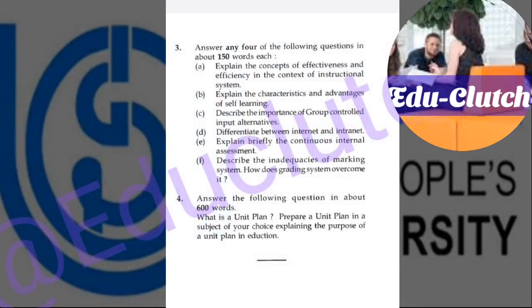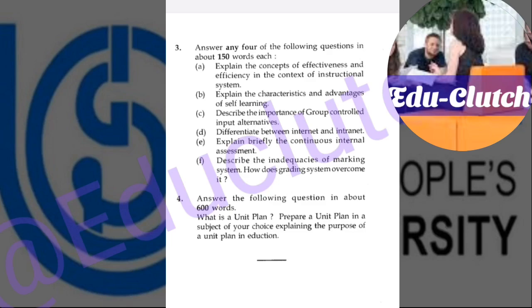Third question, again you have multiple questions, you need to attempt any four only. First is, explain the concepts of effectiveness and efficiency in the context of instructional system. Second is, explain the characteristics and advantages of self-learning.